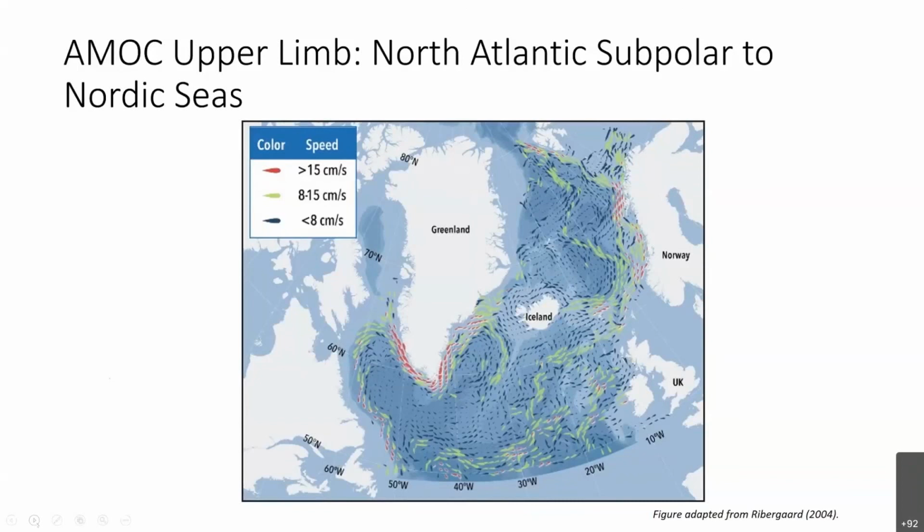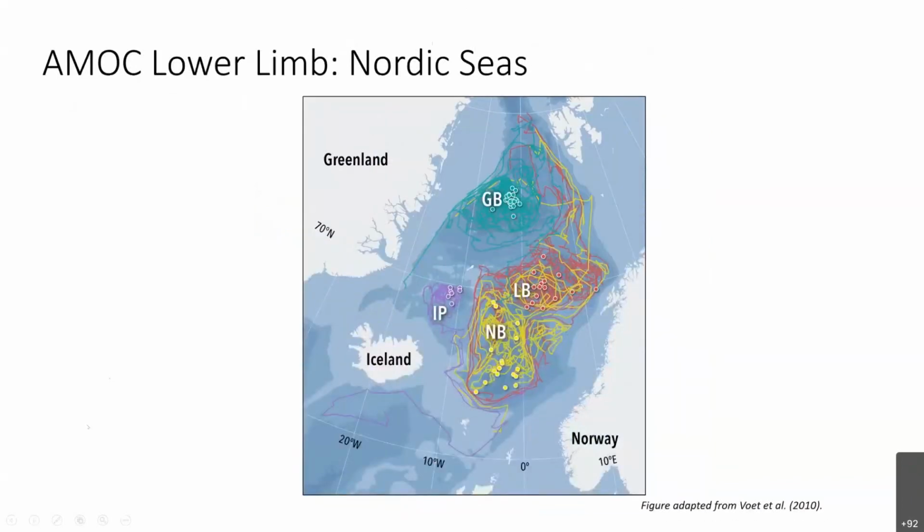Slide 9. Now we're going to shift to the lower limb, and we're going to march our way back southward. There's a particular challenge for the lower limb observationally, because at the surface we have many surface drifters to use to define the pathways of the AMOC circulation.